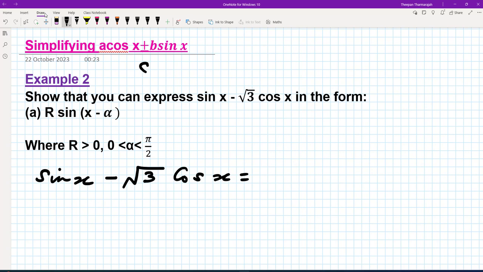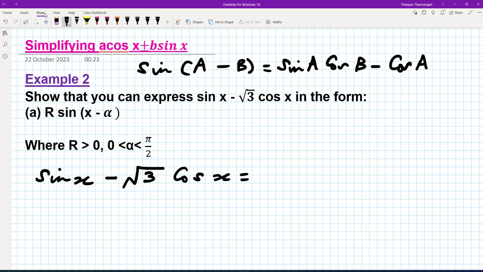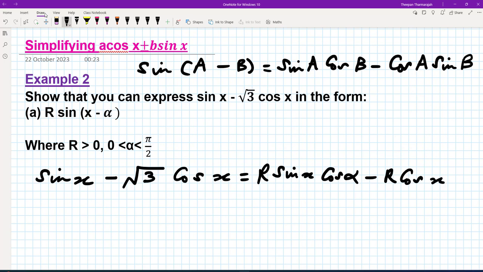Well, we know that the identity for sine A minus B is sine A cos B minus cos A sine B. So we can use that here to help us out. So it's going to be r sine x cos alpha minus r cos x sine alpha, like so.